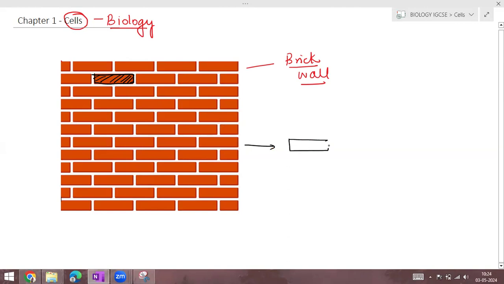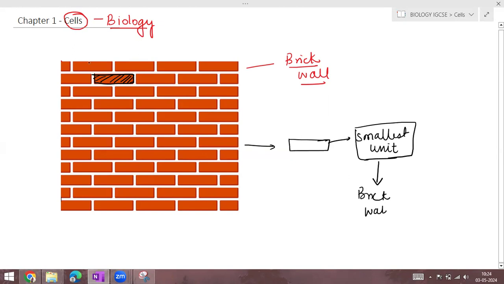So this is the smallest unit, and many smallest units like these, the bricks, have come together to form a brick wall. Like you can see 1, 2, 3, 4, 5, 6, 7, 8, 9, 10, like that. It is made up of a lot of bricks which have come together.